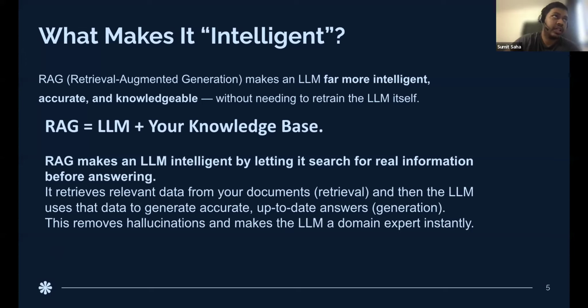And that's where RAG comes into the picture. It's retrieval augmented generation. It makes an LLM more intelligent, accurate and knowledgeable without needing any retraining. So what is a retrained LLM? When an LLM has its fixed model and training data, it's trained. But whenever I want to use it for my company, one possible solution could be to train the LLM using our company data, and it would know about my company policy and everything.